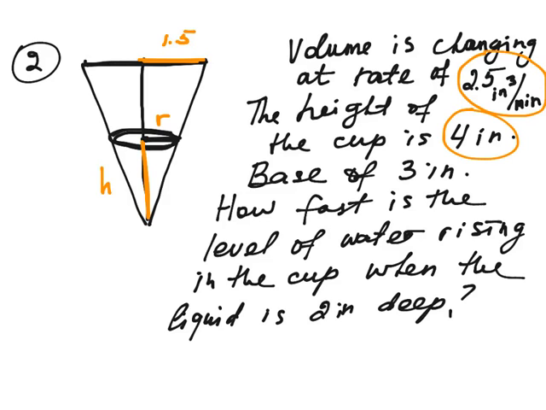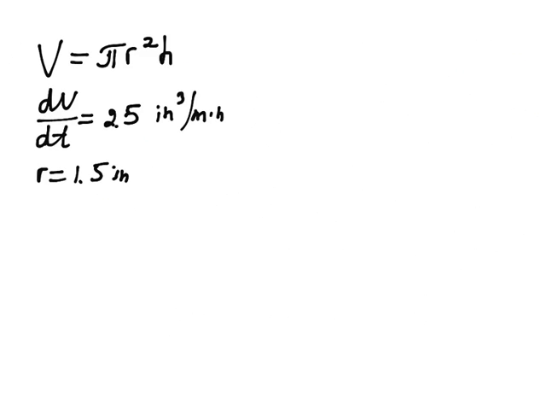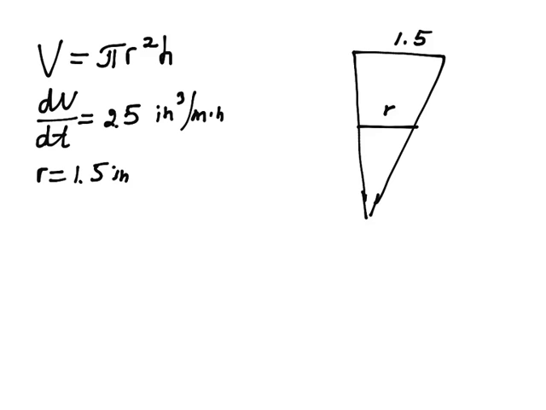You can clearly see the two triangles. You know what, I'm going to redraw these two triangles. It's right here. So one big triangle where the length of this side is given. A smaller triangle, we don't know what r is, it's changing, and we don't know what this is, it's also changing.